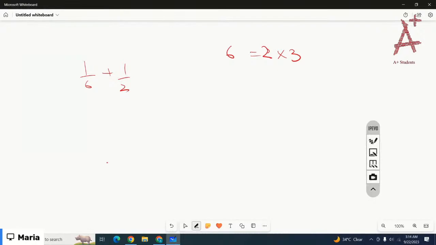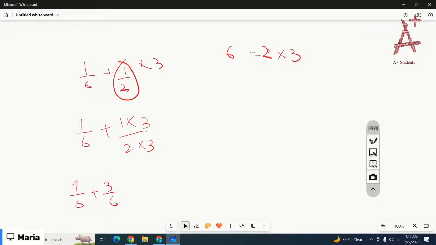So you have to multiply the fraction with the smaller denominator by 3 to make their denominators exactly equal, right? Multiplying a fraction means you multiply the numerator and the denominator as well. It would be 1 over 6 plus 3 over 6.